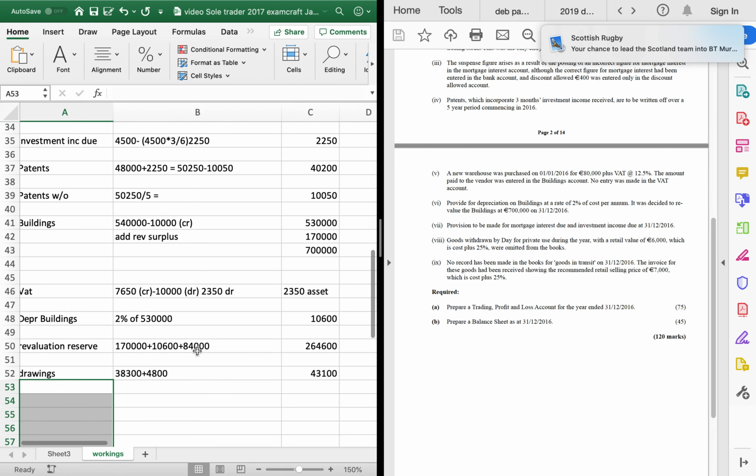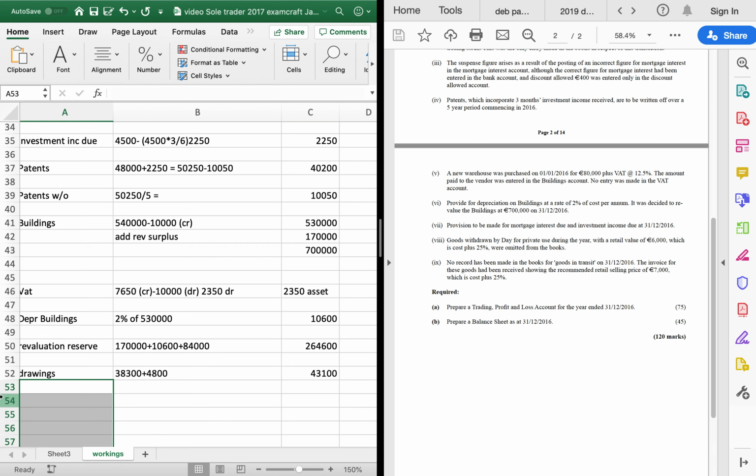Okay, so we're at the point where we have to slot all these numbers in. How would I do it? This is completely up to you. I would take the numbers from the workings page, put them all in, tick them off in the question, and put all the balances in.